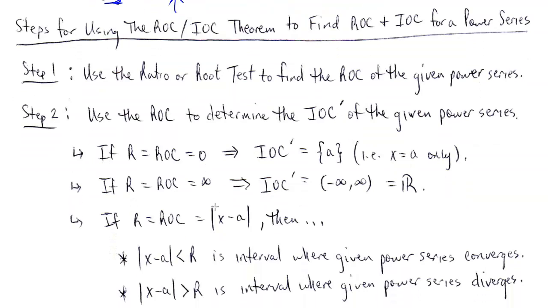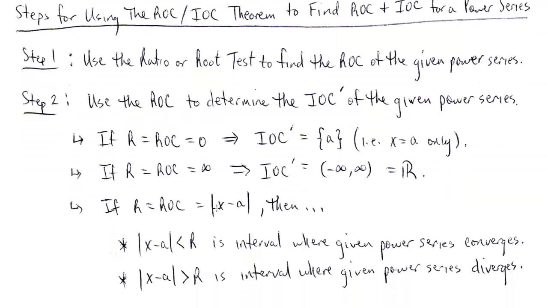Okay. So now that we see that, here are the steps we need to follow in order to take a power series, figure out whether it's going to converge or not and for what x values, and then, of course, test the end values. So step 1, we want to use, as a first line of defense, the ratio or root test to find the radius of convergence for a given power series.